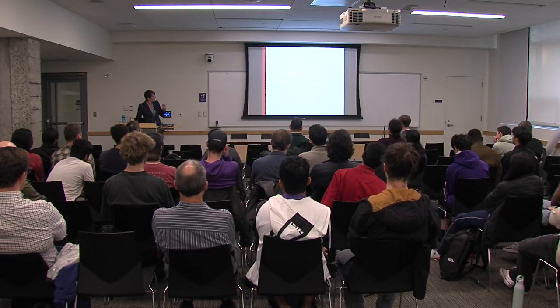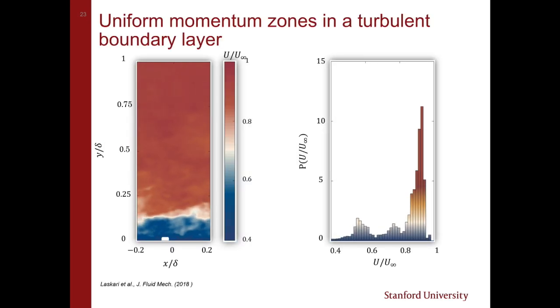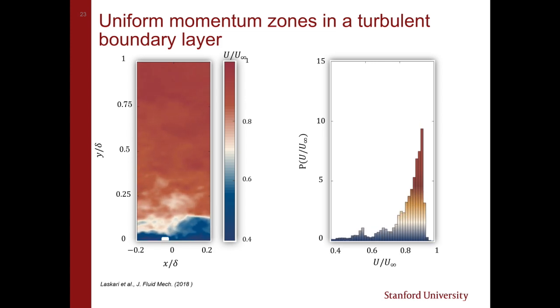We're going to use these now to understand a little bit more about the origin of some complex structure in turbulence. Here's some experimental data. This is a PIV window. It's a narrow window for a reason that will become obvious in a moment. This is the full boundary layer height, and we're looking at the streamwise velocity.